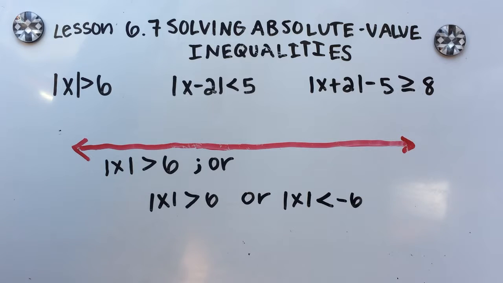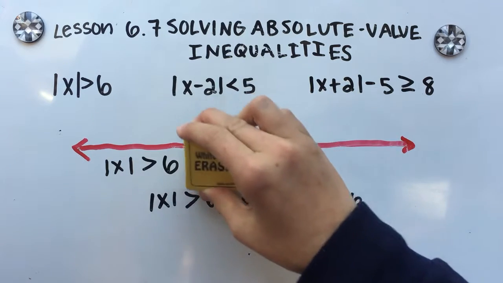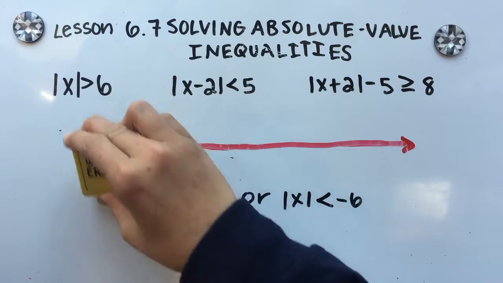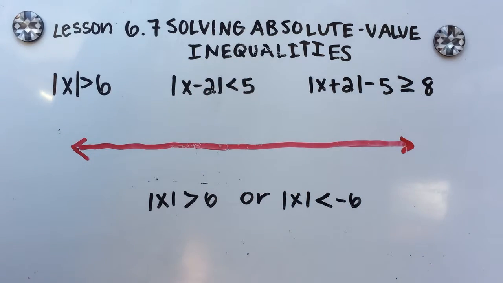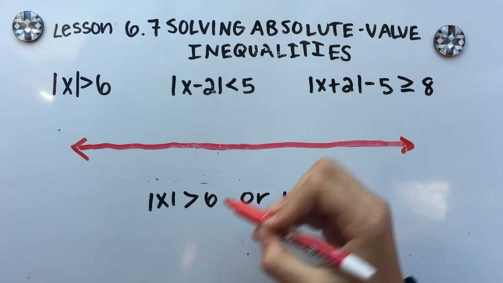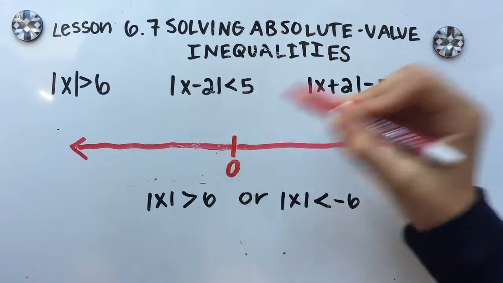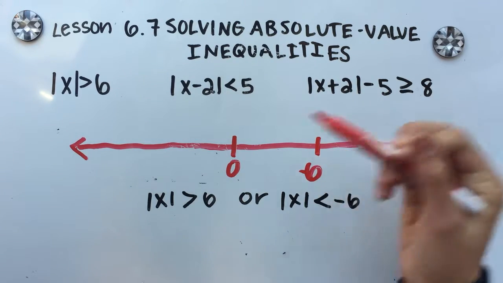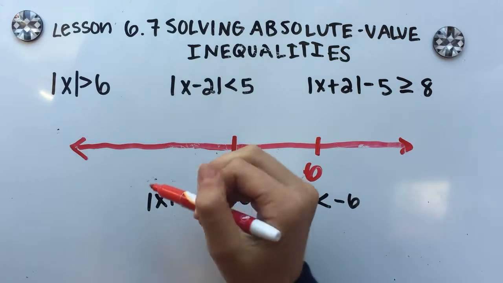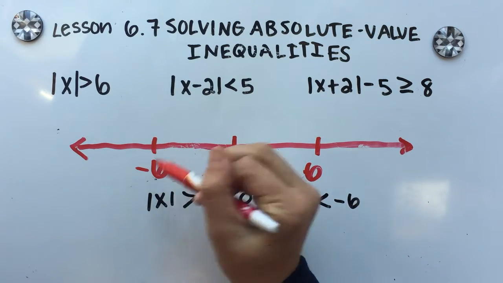Now we're going to graph this. I'm going to move this out of the way because we have our equation. To graph this, we put 0 down on our number line, and we're going to put negative 6 right here, and 6 right here.